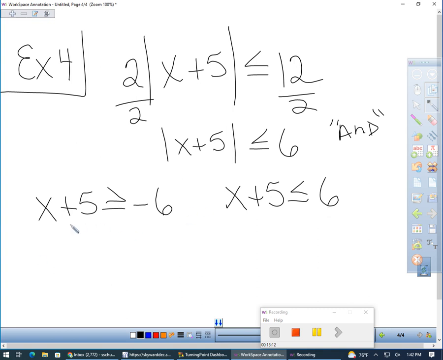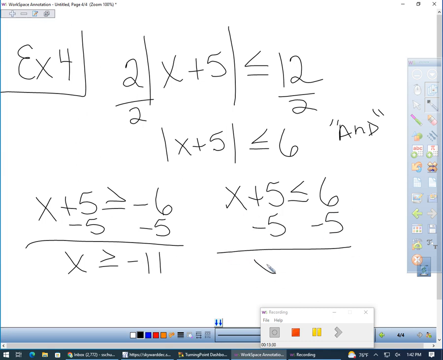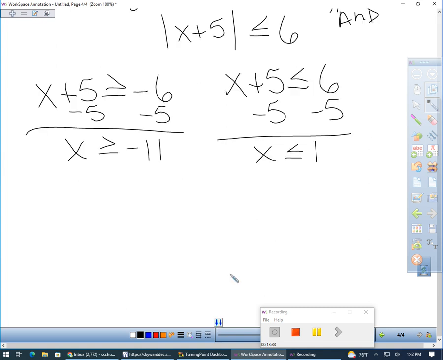Solving this first one, I subtract 5 to the other side, and I get x is greater than or equal to negative 11. Over here, I subtract 5 from both sides, and I get x is less than or equal to 1. On my number line, at negative 11, I have a closed dot, and this goes to the right because it's greater than.